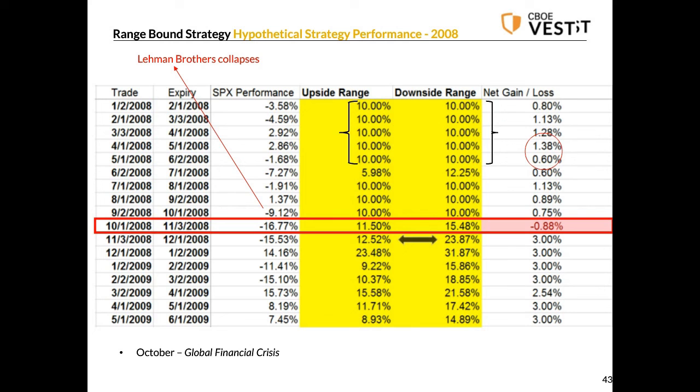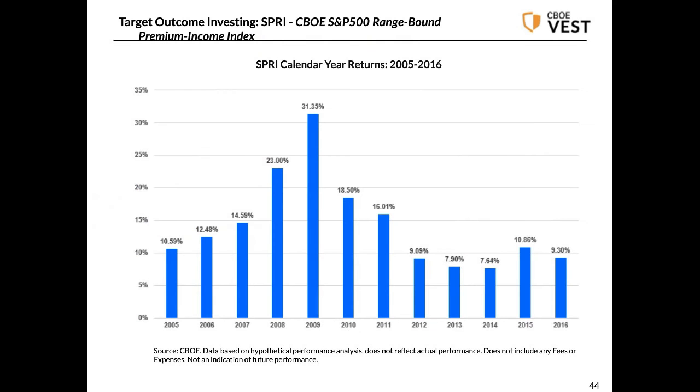So over longer periods, the returns come back. So we see this if we look at the calendar year returns for a strategy like this. I think that the period from 2012 to 2016, returns in the 7 to 10% range with this target income, is more what you would expect going forward.